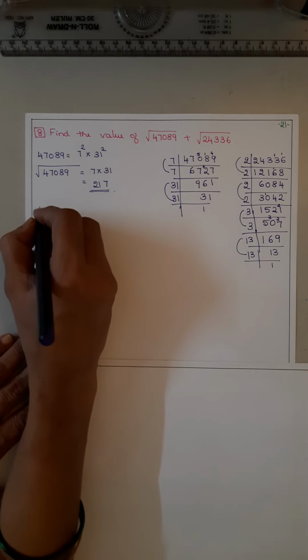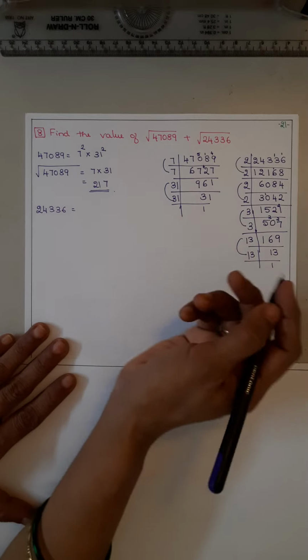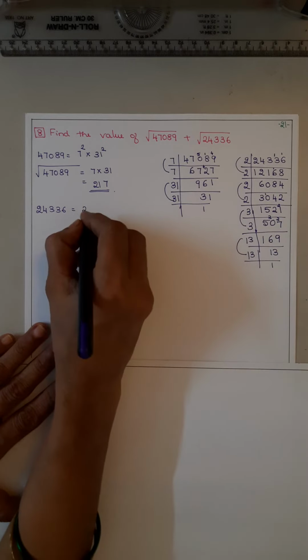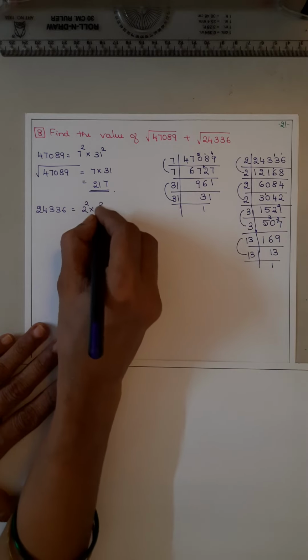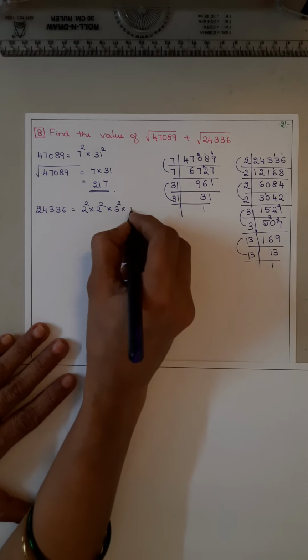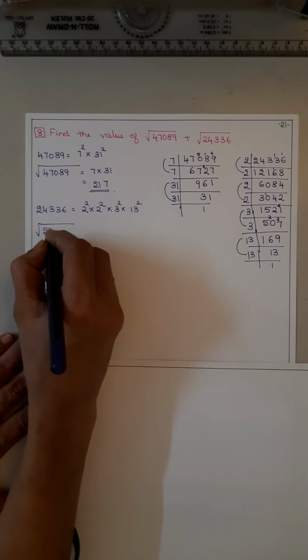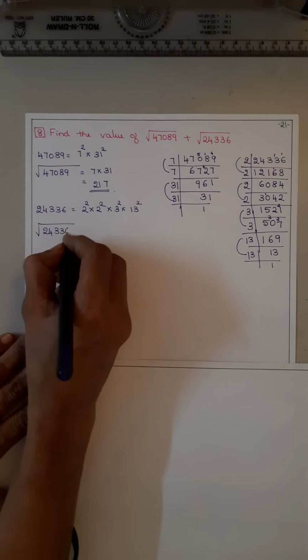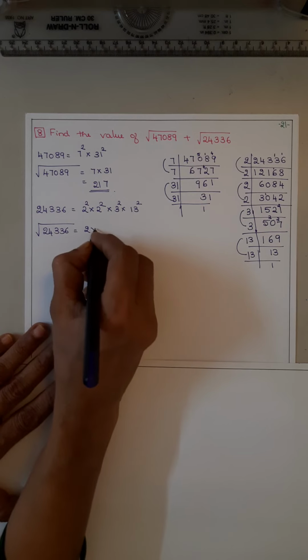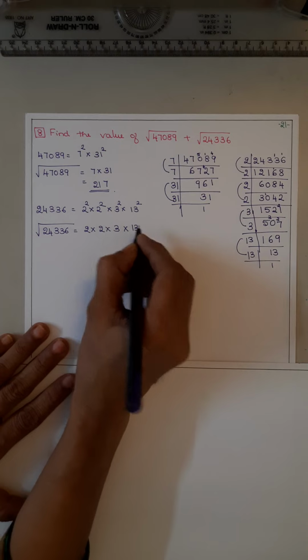So 24336 can be written as 2 square, 2 times 3 square, and 13 square. So the square root of 24336 can be written as 2 2s are 3s are 13.